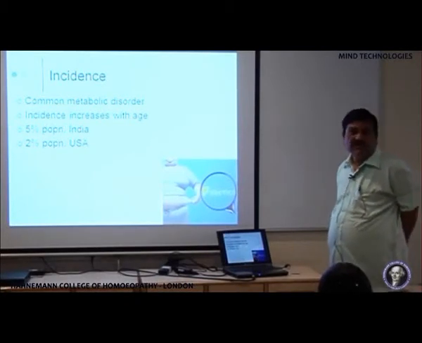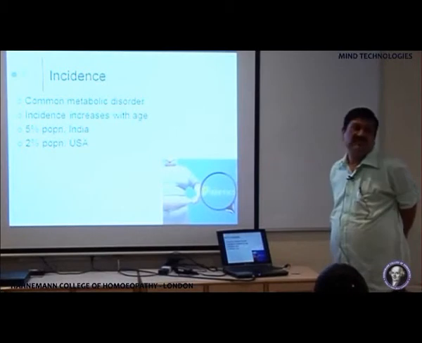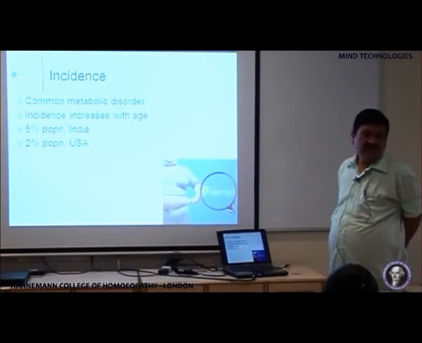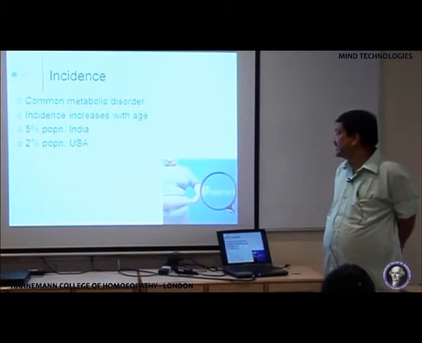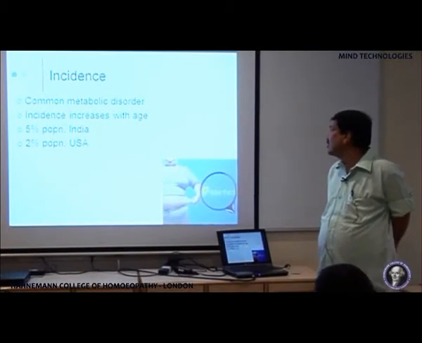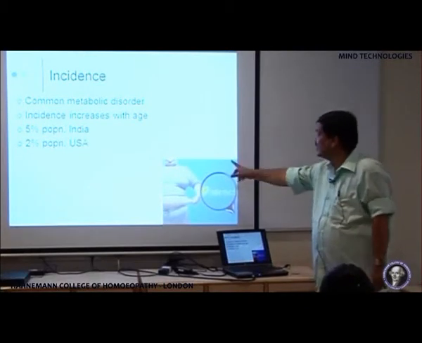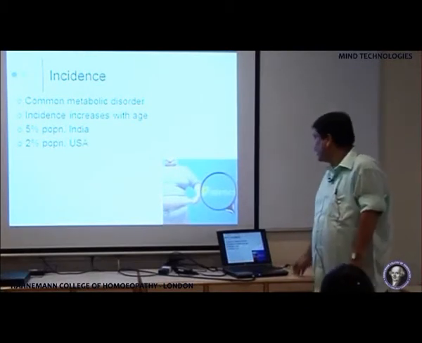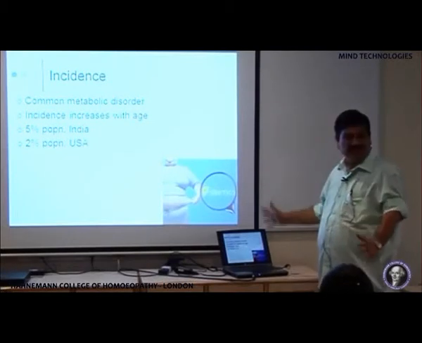By the year 2015, it is believed that nearly 20 to 25% of the urban population of India will be suffering from diabetes mellitus. So it's an ever-increasing disease worldwide, and therefore we have to know about it as much as possible. This is a photo showing the typical appearance of a diabetic patient, the pear-shaped body.